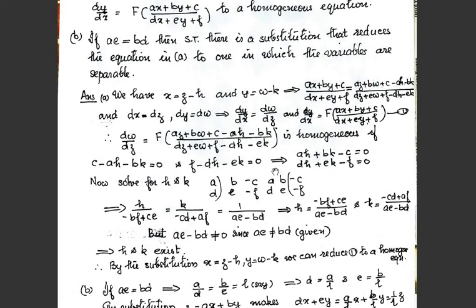Similarly 1 divided by ae minus bd. So h is minus bf plus ce divided by ae minus bd, and k is minus cd plus af divided by ae minus bd.